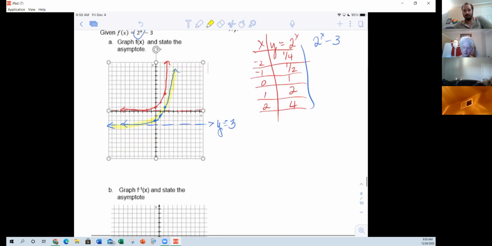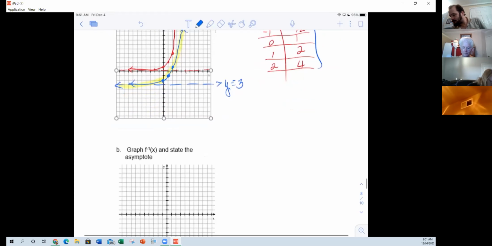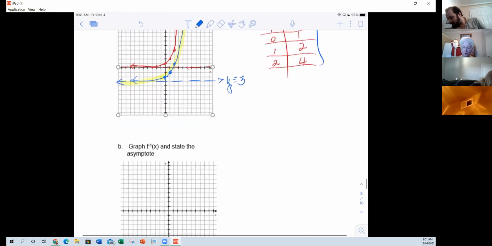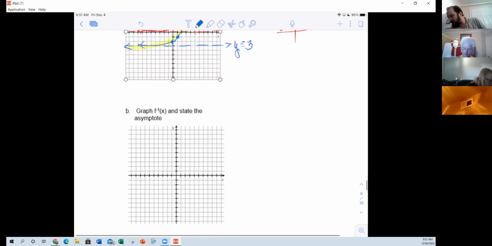Then to graph the inverse, just take some nice points off the original graph. Now, be aware that the new asymptote is going to be x equals -3.